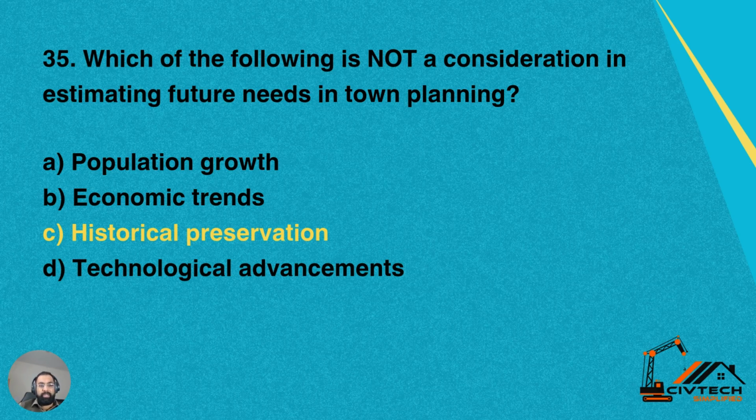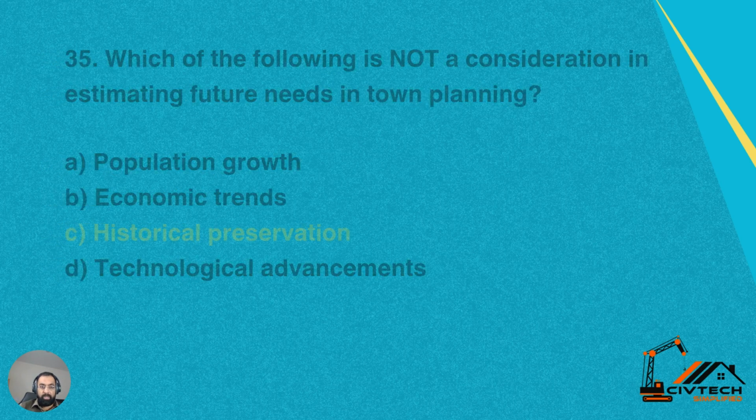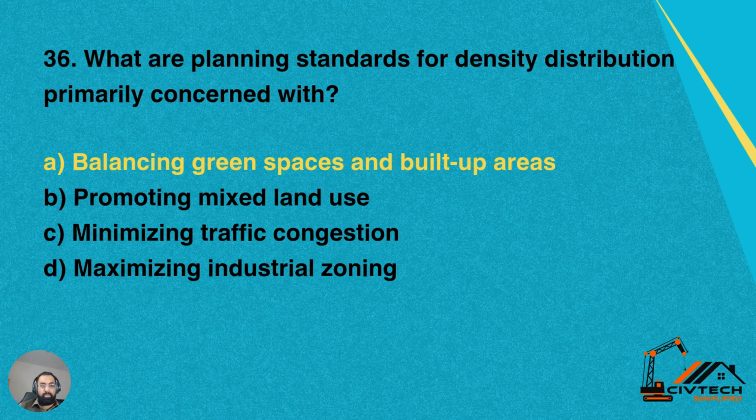While we consider various factors in town planning, we do not consider historical preservation for the future aspects of a town. We definitely consider population growth, economic trends, and technological advancements, but we do not consider historical preservation. Option C is correct for this question.